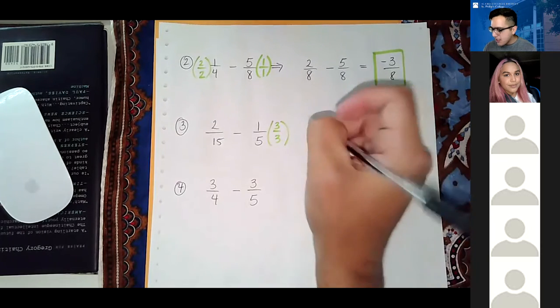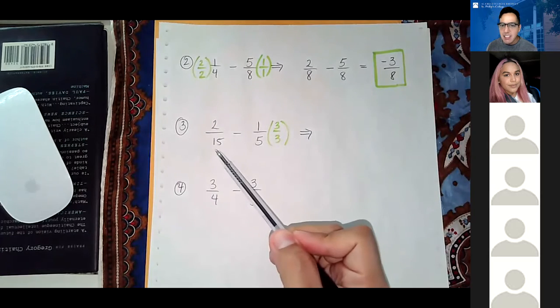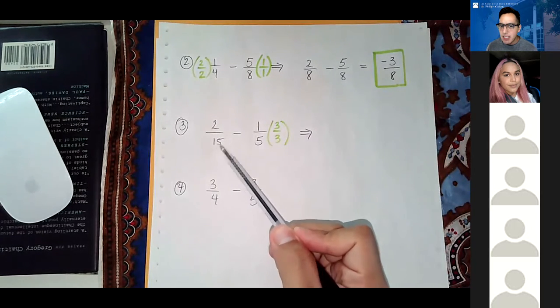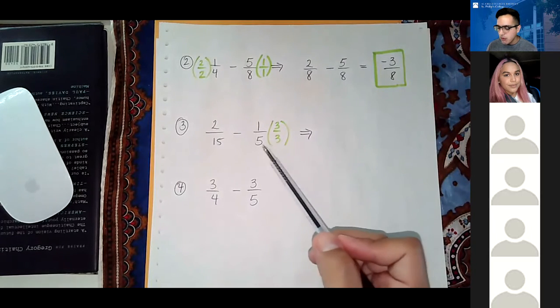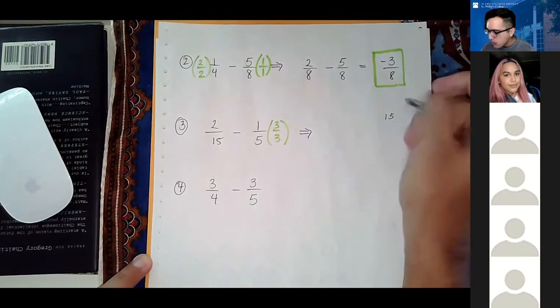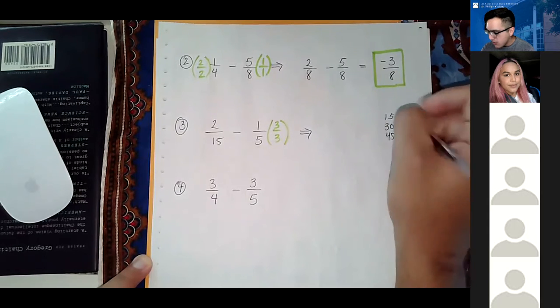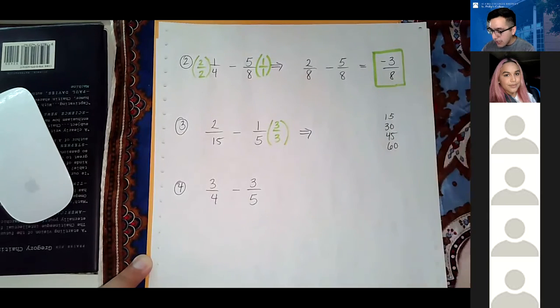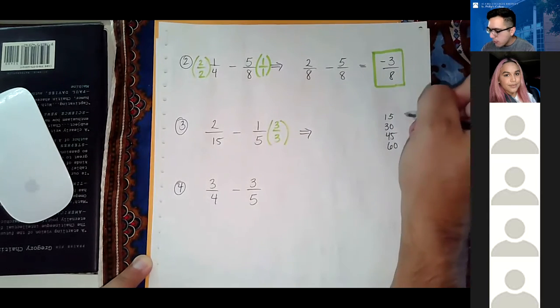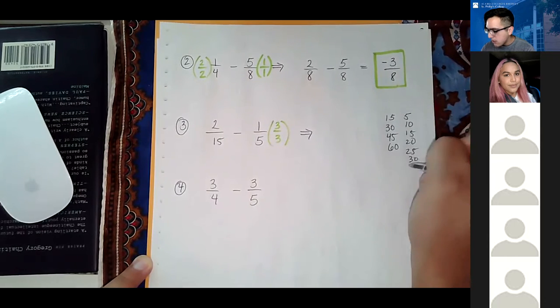Okay. Wait, how did you get 3/3 though? Well, the LCM has to be 15, right? Because 15 is the common multiple of 15 and 5. Like you're not going to want to write the multiples of 15. So 15, 30, 45, and so on, right? You could do that. And then we could do 5, 10, 15, 20, 25, 30, 35, 40, and so on.